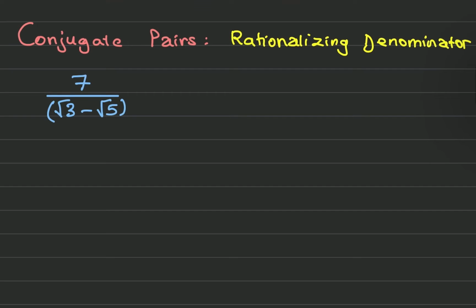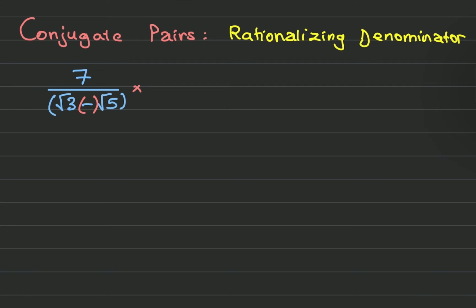So step by step, the first thing we do here is look at the operation sign. In this case, we have a negative sign, so we have to make this into a positive. Simply, we multiply this fraction with the positive version of this expression. So instead of root 3 minus root 5, we do root 3 plus root 5.